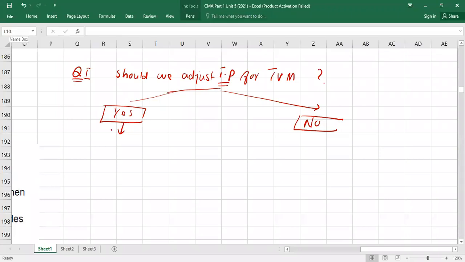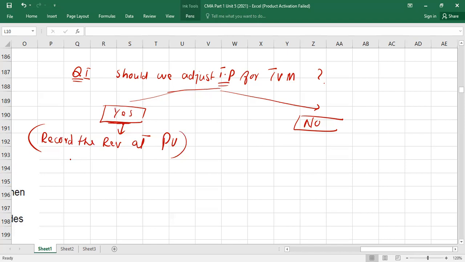Understood? Yes, we should adjust the transaction price for time value of money. What does yes mean first? Yes means we should record the revenue at which value? At present value, not at future value. This is the effect of yes. But the point is, when to adjust? What was my first question?